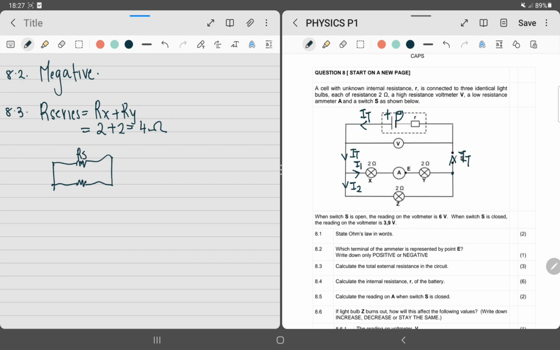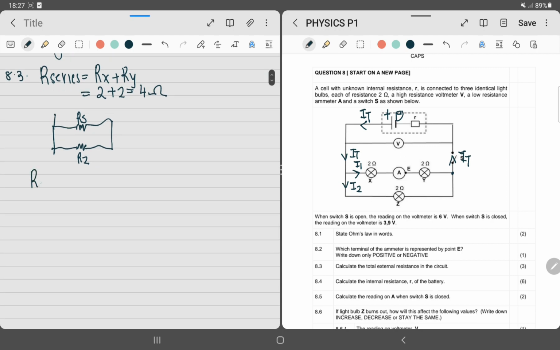This is the R series, and this is R of Z. These two are connected in parallel. So R external should be equal to, for a parallel combination, the first resistance multiplied by the second resistance, which is 2, all over the sum of the two. I am getting 1.33 ohms.